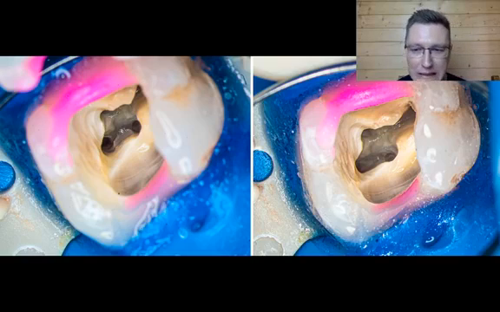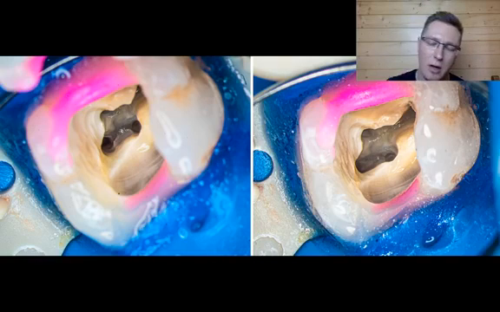And this is the view of the chamber after the cleaning and shaping protocol. You can see that the shape of the chamber has changed. Now it looks like a typical chamber, almost typical, of the first upper molar.